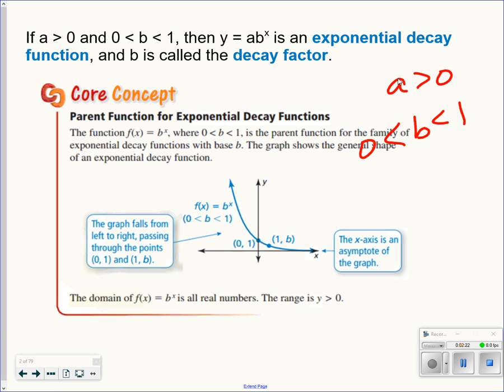And again, you still have the x-axis as an asymptote. It approaches the x-axis but doesn't actually touch it. So this would be, again, all real numbers, and y would be greater than 0 again is your range. Now I can change my a value, and we'll show that in some different pictures here, but the b value will always be between those two values. So here we go.